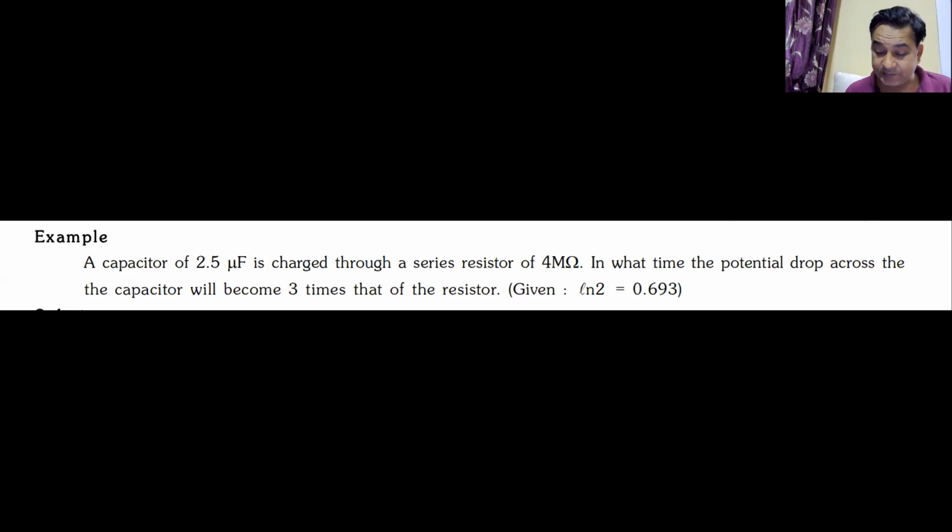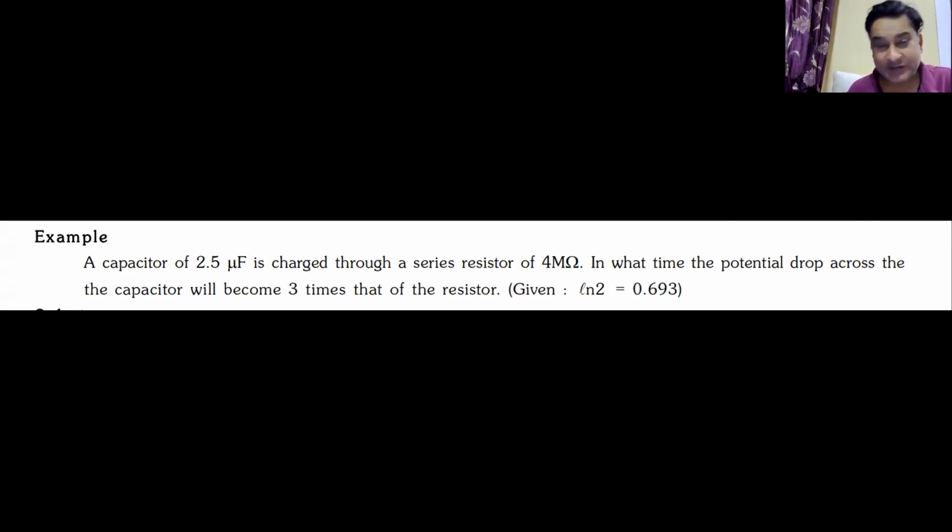In what time the potential drop across the capacitor becomes 3 times that of the resistor? ln of 2 is given as 0.7 or 0.693. You have 2 minutes to do it.